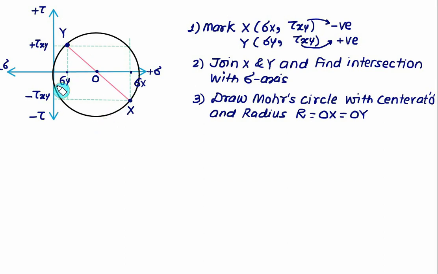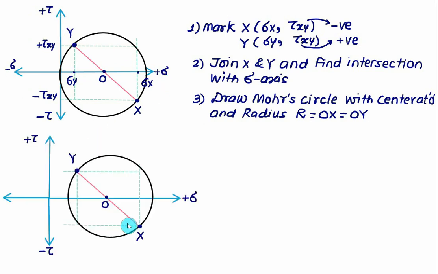Now you have to record the values from this Mohr circle on the sigma axis and on the shear stress axis. This Mohr circle will intersect at this point. Let's call this point C, and the corresponding stress you have to measure from the origin will be the normal stress, in fact the maximum normal stress.